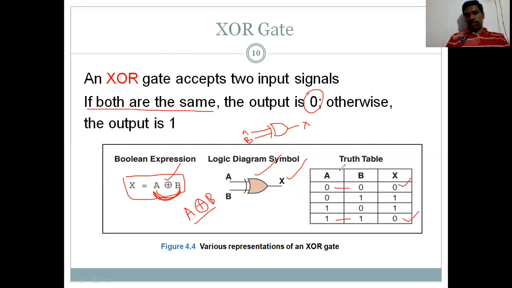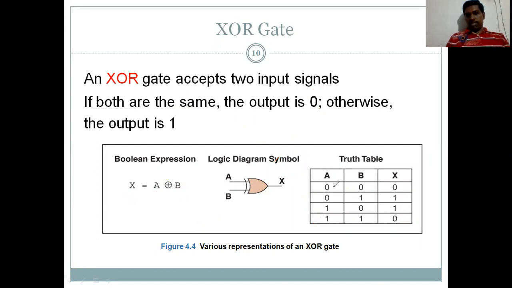Otherwise, it will be 1. So in the first condition and in the fourth condition, we have two equal inputs. For these two conditions, we got 0 as the answer. In the rest of all conditions, we will have 1 at the output. That is the condition here.